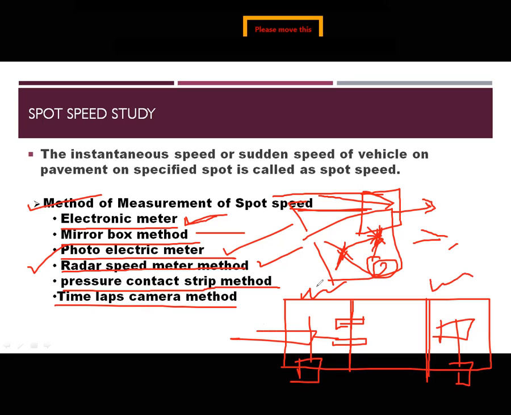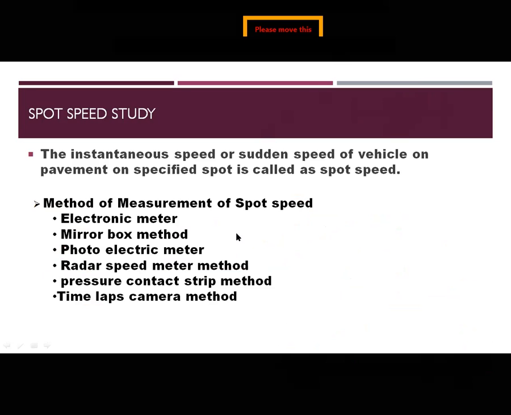The time elapsed between these two images visible in both cameras is the basis. On the basis of that time we consider what might be the exact speed of that vehicle.